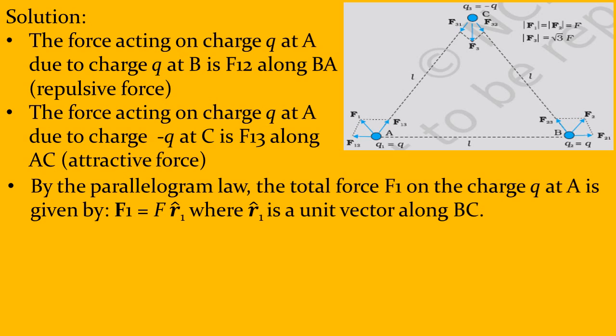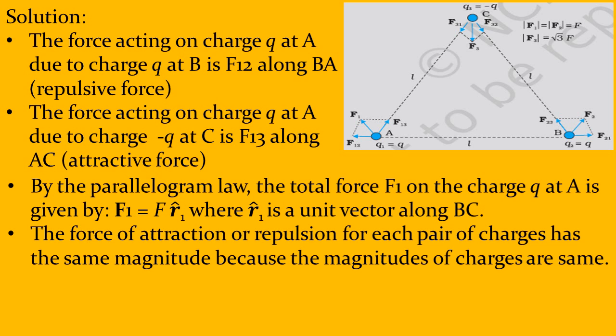Now, by the parallelogram law of forces, the total force F1 on charge Q at A is given by F1, see in the diagram, is equal to F R1, where R1 is a unit vector. And if you see that blue line from Q1 to F1, it is parallel to BC. So the unit vector of the force acting on Q1 is along BC. R1 hat is along BC.